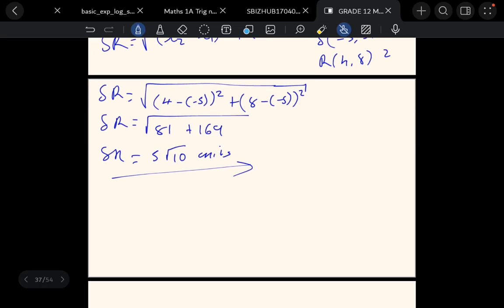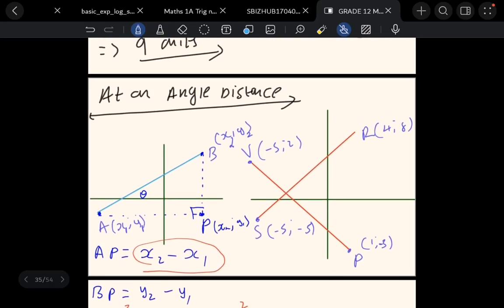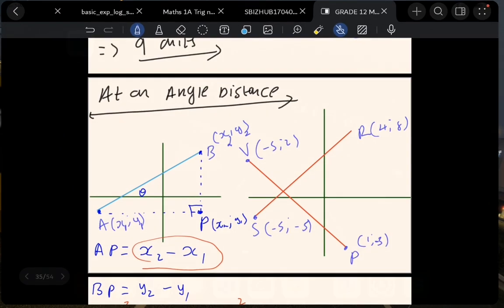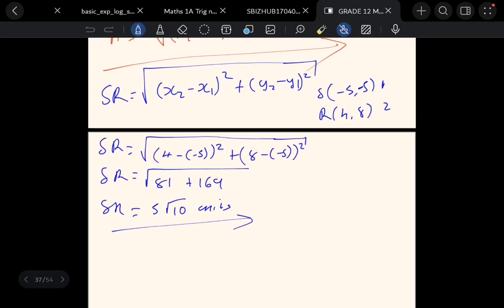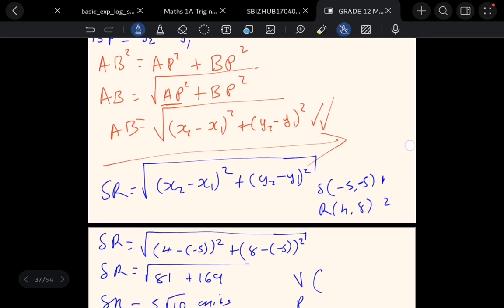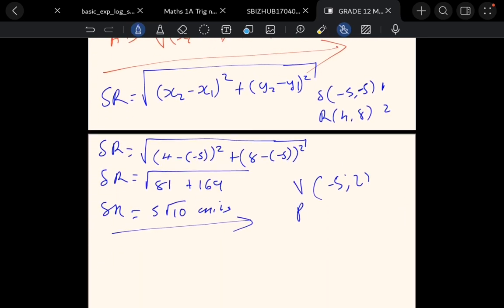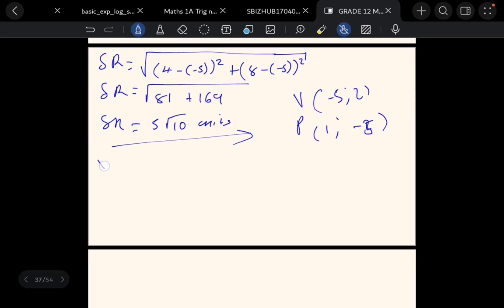Right? Now the distance of VP. V is (-5;-2) and P is (1;-5). How can you calculate the distance of VP? Very easy. VP is equal to the square root of x2 minus x1 squared plus y2 minus y1 squared.